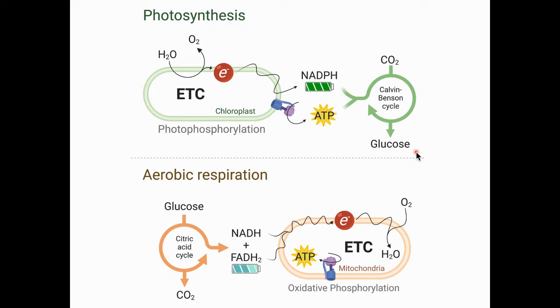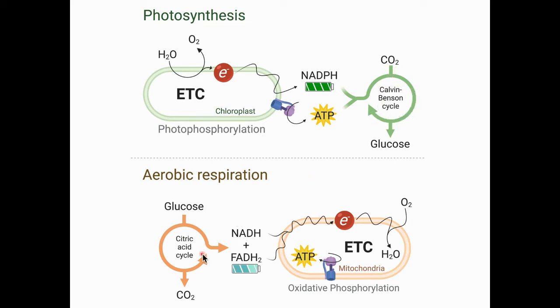On the other hand, in aerobic respiration, like I said, it is the reverse process. So you start from the citric acid cycle. You put the glucose in and you breathe out carbon dioxide. See, this is the opposite of the Calvin-Benson cycle.